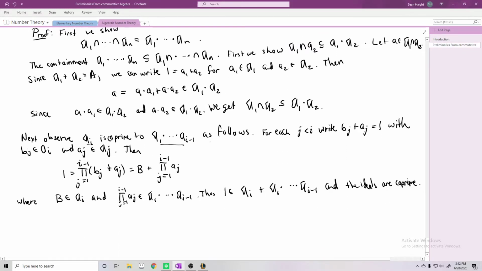Since 1 is in this sum of ideals, and the sum of ideals is an ideal, this sum necessarily has to be the whole ring.